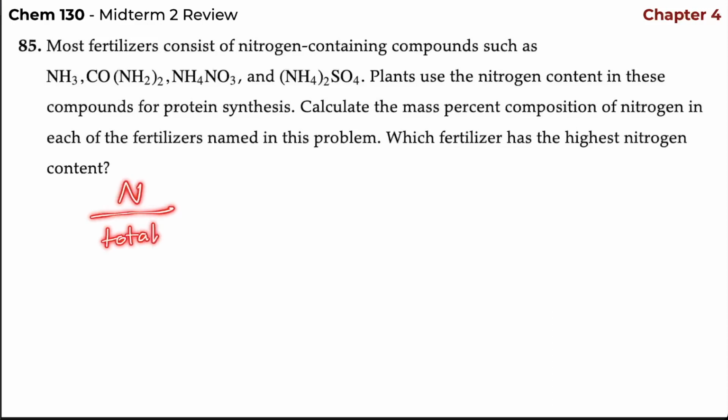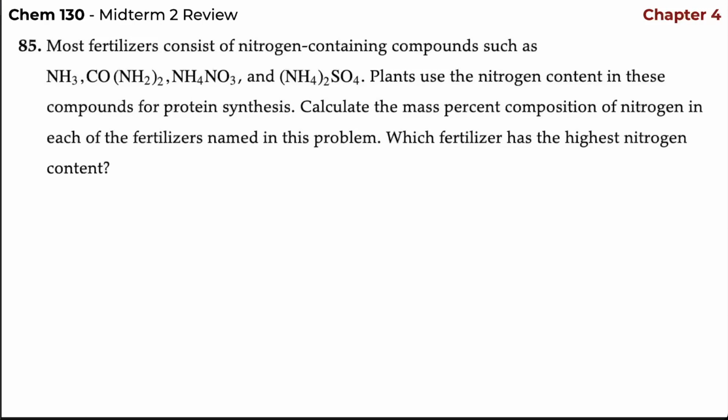So it's nitrogen over total, and it's not just how many nitrogen atoms, it's nitrogen mass over total mass. If we were just counting atoms, it's 1 nitrogen to 3 hydrogen, so 1/4, but 1/4 is not the right answer. We need to find the mass first before getting the right mass percentage.